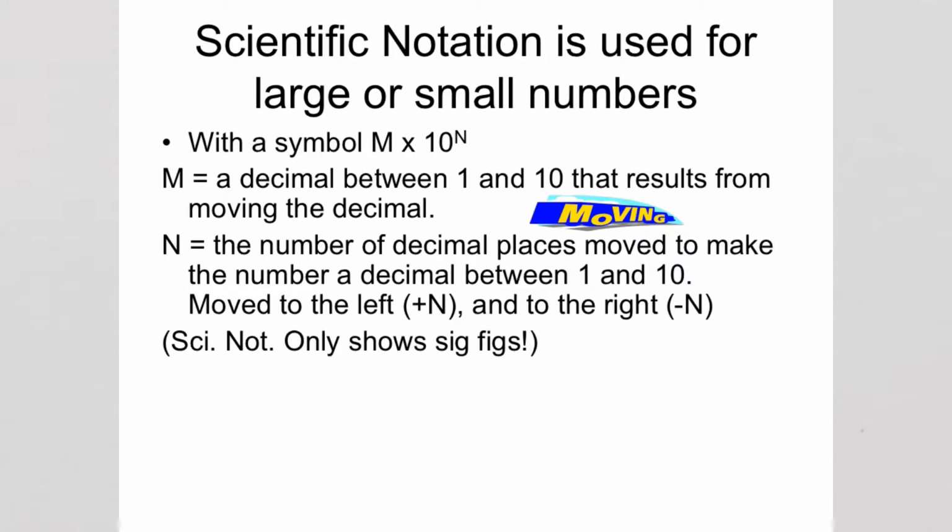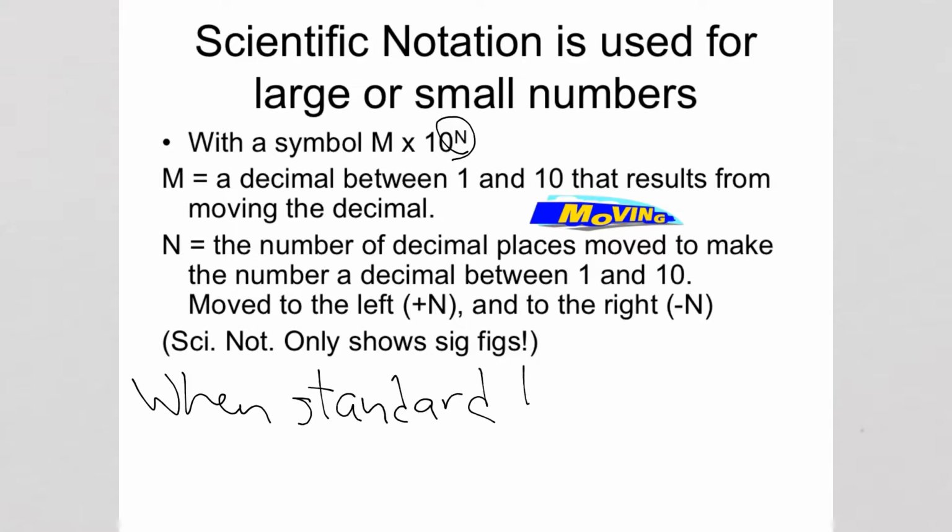Now, one thing that often messes up students is whether it's a positive n or a negative n, meaning the exponent. Another way I remembered it, I finally got it down, I think in college, is that when the standard number is less than 1, then n is negative.